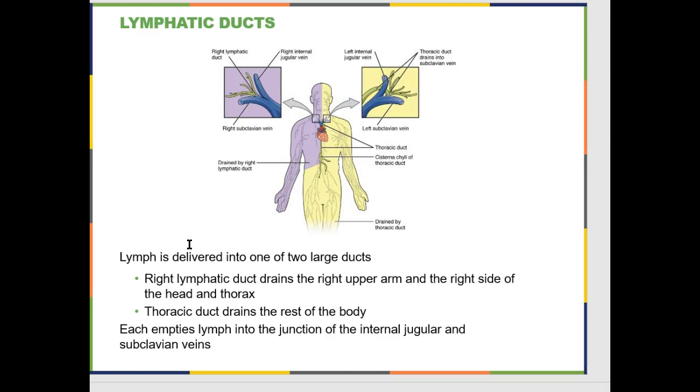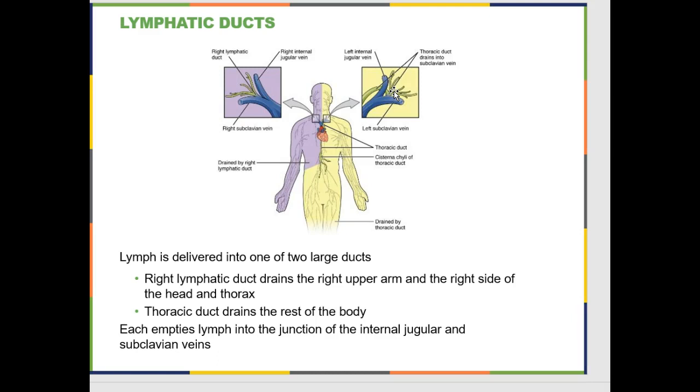Then we have the basic description of the drainage of your lymphatic system. And it's organized sort of the way this figure here is color-coded, where the right half of your torso and the right half of your head all empty into the right lymphatic duct, and then the rest of your body, which is all yellow here, all drains into the thoracic duct.